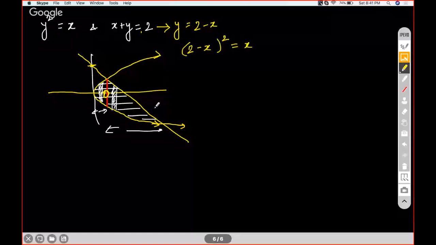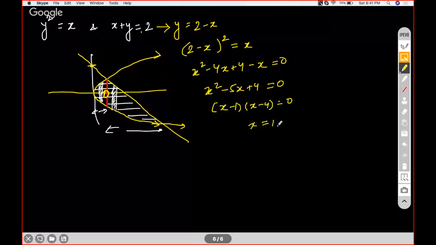You'll get a quadratic: x square minus 4x plus 4 equal to x, so x square minus 5x plus 4 equal to 0. So (x minus 1) into (x minus 4). So x will be 1 and x will be 4. Now why are 2 points coming? Because they will meet at x equal to 1 also, and they will meet at x equal to 4 also.